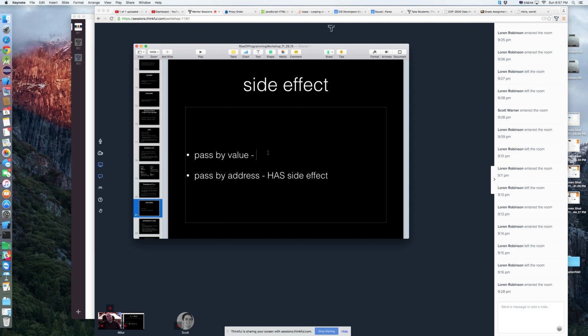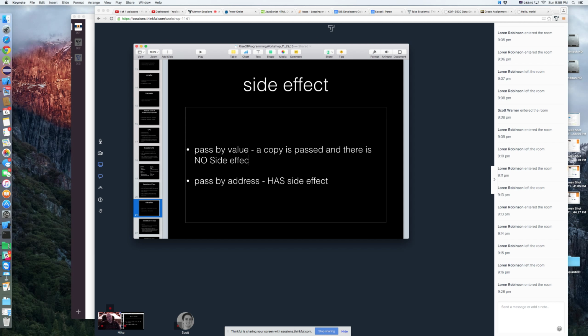Now you run off and melt down that quarter, and the fact that you melted down the copy I handed you had 0 impact on the other copy in my pocket. It has no side effect. So passing things by value means a copy is passed, and there is no side effect. That's pass by value versus pass by address.